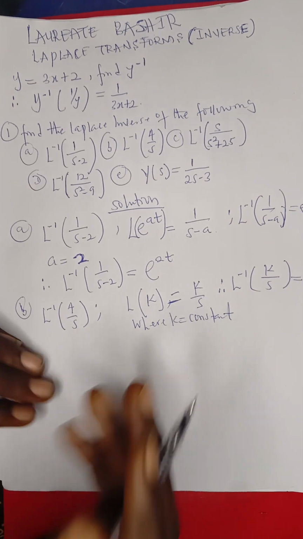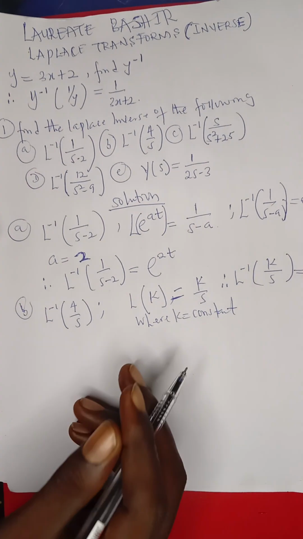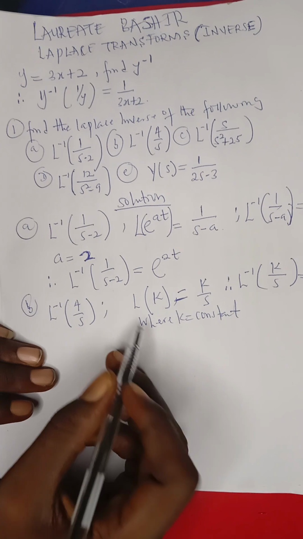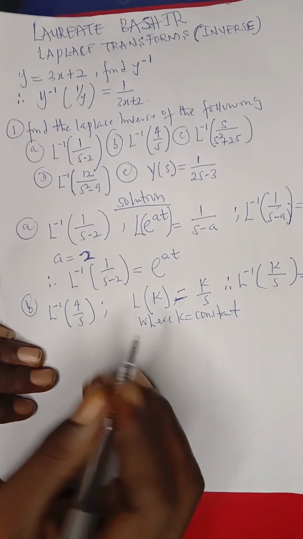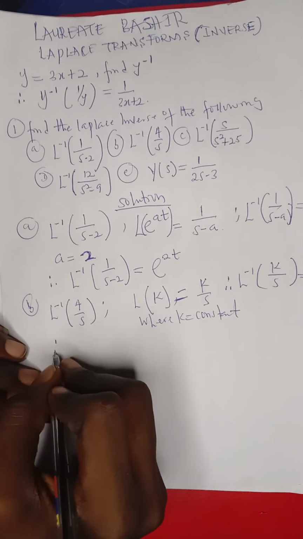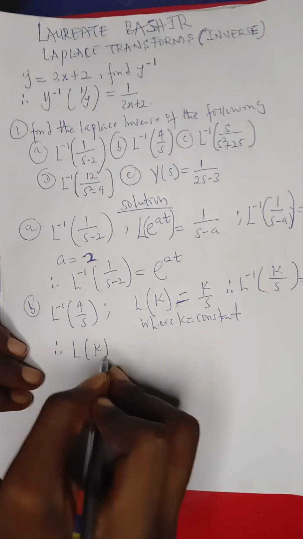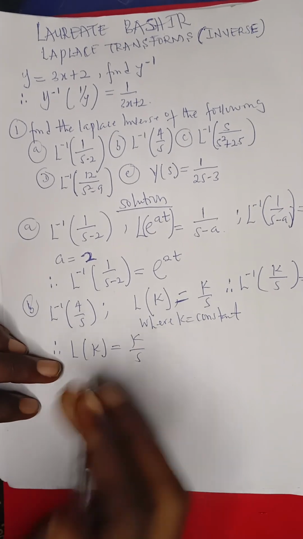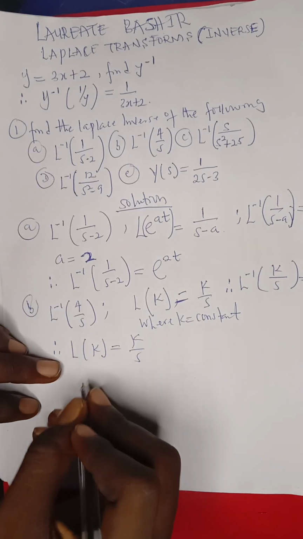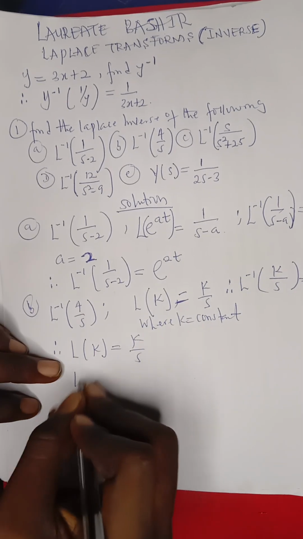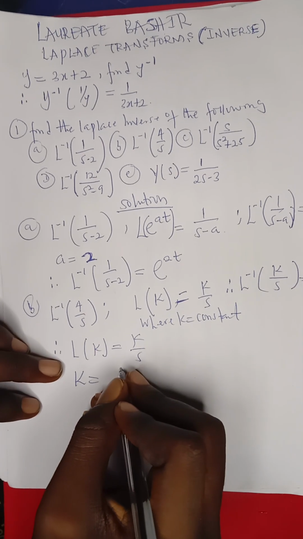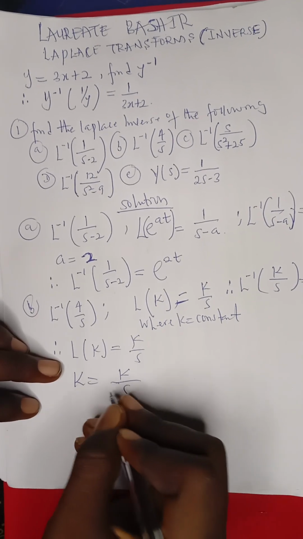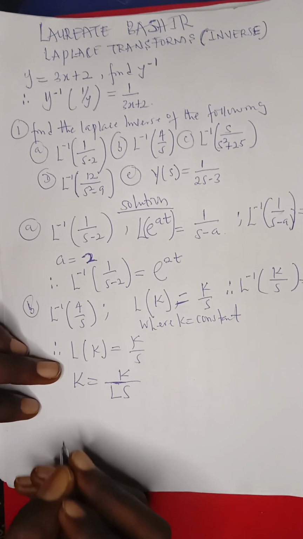So it's just simple mathematics. Let's say I have Laplace of k is equal to k over s, and I want to make k the subject of the formula. Divide both sides by Laplace. So I'm going to have k equals k over s over Laplace, because I've divided through by Laplace.